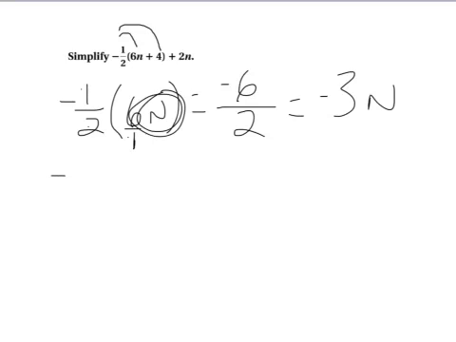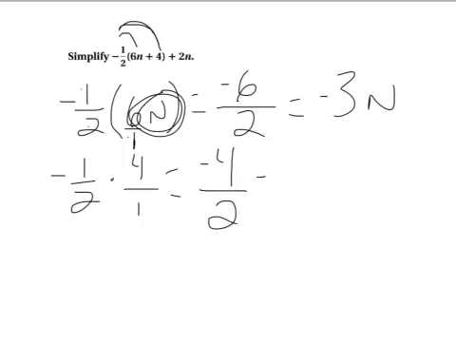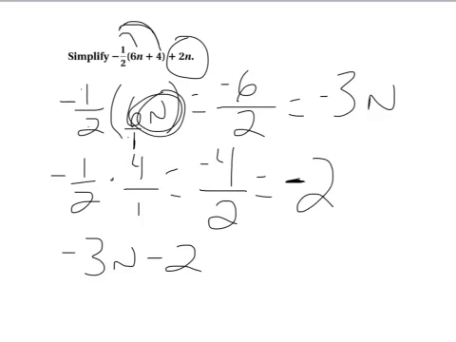I'm going to then multiply the negative 1/2 by the 4. So I'm going to put 4 over 1. Negative 1 times 4 is a negative 4, and 2 times 1 is 2. So I get negative 2. So when all said and done here, I am looking at negative 3n minus 2, because remember I had a negative here, and then don't forget about this part of it, plus 2n.